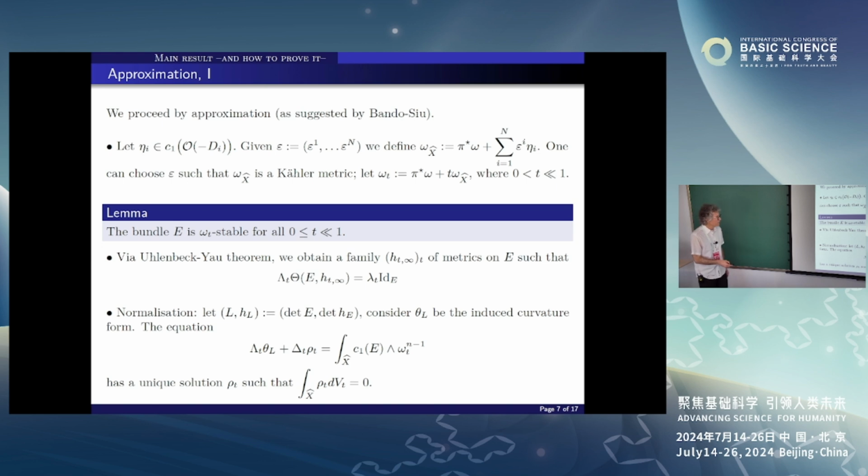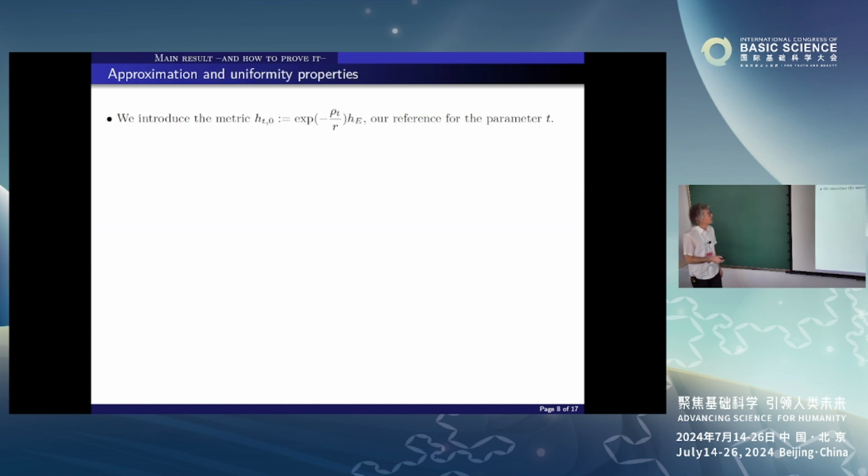And moreover, we can normalize rho t by this condition here. So then the metric that we introduce here, H_t0, will play the role of our reference metric for the parameter t.